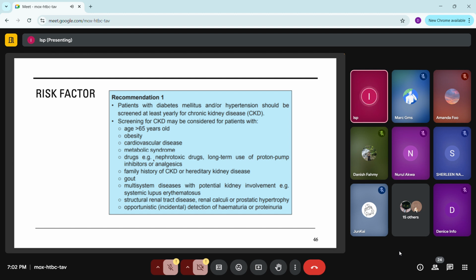So over-the-counter uncontrolled taking of NSAIDs is more like a blow to the kidney when they already have chronic kidney disease. If you take all these nephrotoxic drugs, it actually causes the worsening of the chronic kidney disease at a very fast pace.